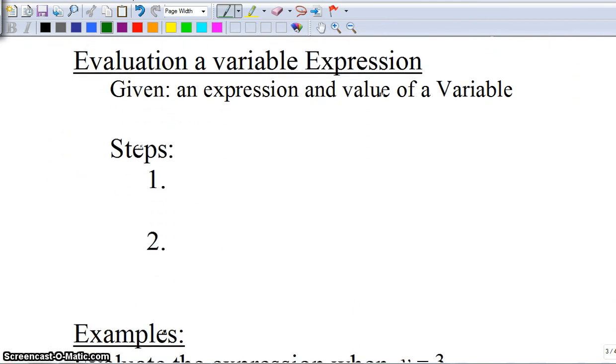Okay, now one of the things you need to be able to do is to evaluate a variable expression. So you're going to be given an expression and you're going to be given the value of a variable. So if you like to know the steps, here are the steps.